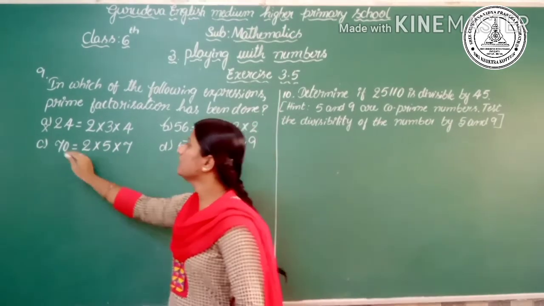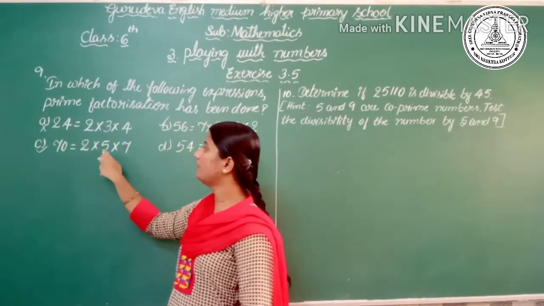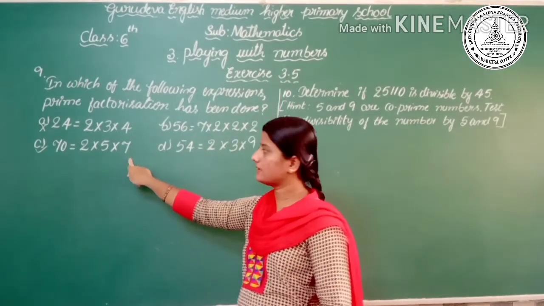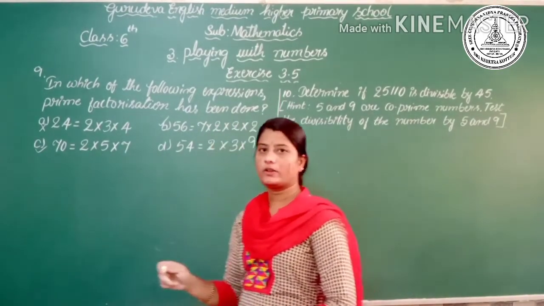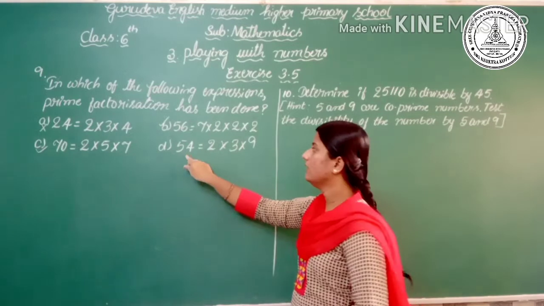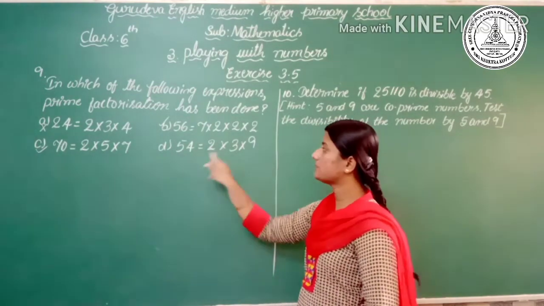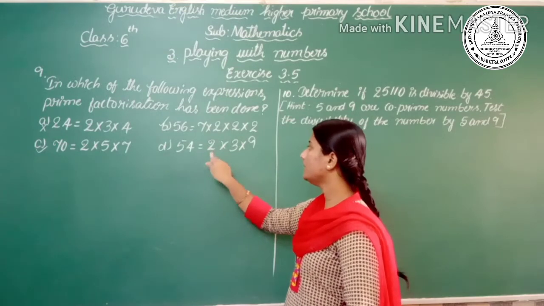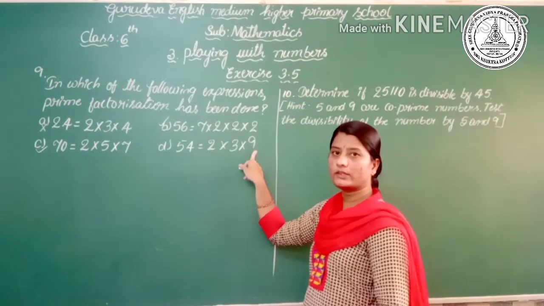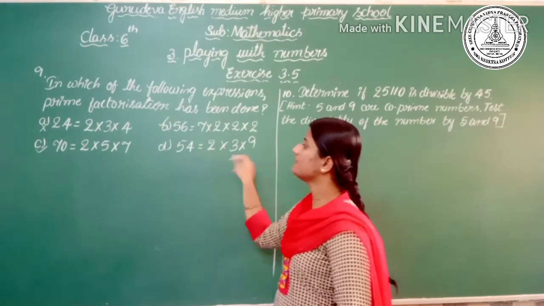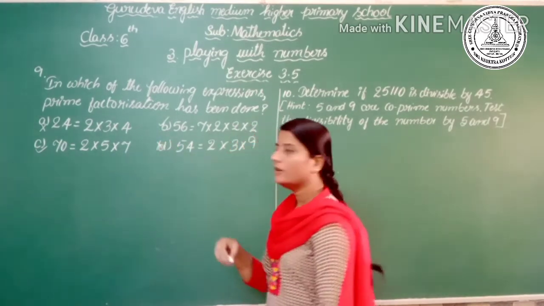Yes, it is prime factorized because 2, 5, 7 are the prime factors of 70. Then D is 54. Yes, it is written as a product of its factors, but here one factor is not a prime number, so it is not prime factorized.